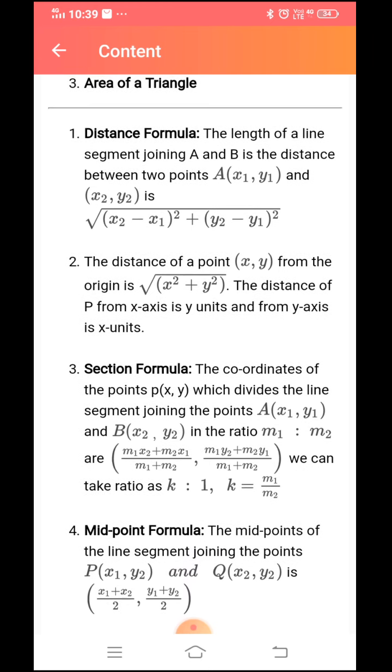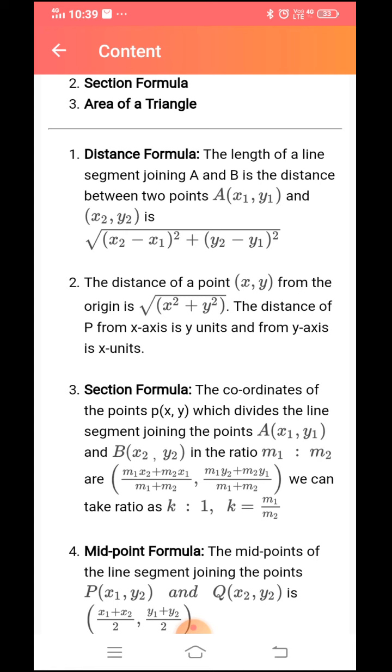That is why this distance formula we can write in two ways. We can write root of (x1 minus x2) the whole square plus (y1 minus y2) the whole square, or root of (x2 minus x1) the whole square plus (y2 minus y1) the whole square. Okay, this is the distance formula to find the distance between two points if the coordinates of the points are known.